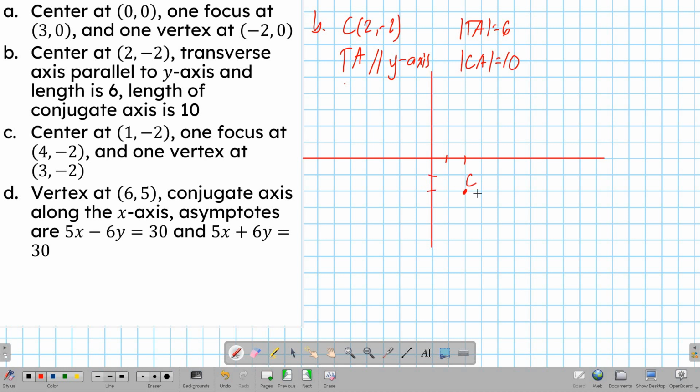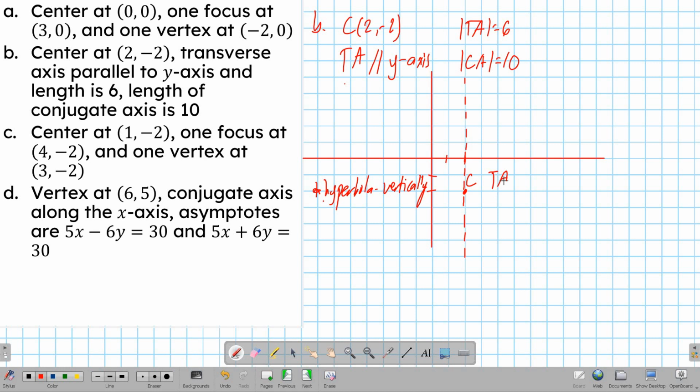It is also said that the transverse axis is parallel to the y-axis. So the transverse axis is along this broken line that I'm drawing. This tells us that the hyperbola is vertically oriented. The transverse axis is vertical, and the length of it is 6.